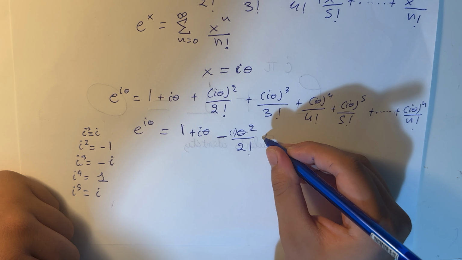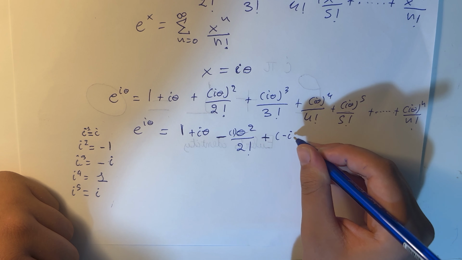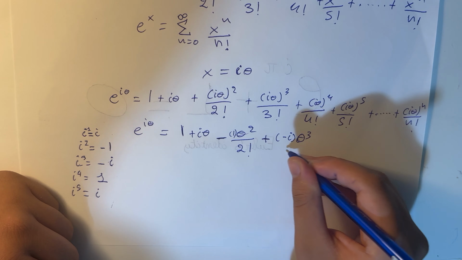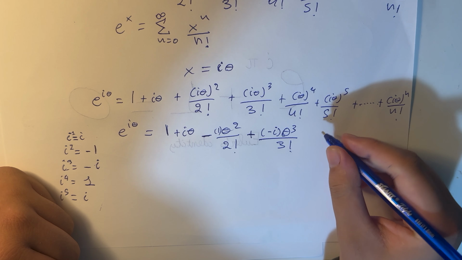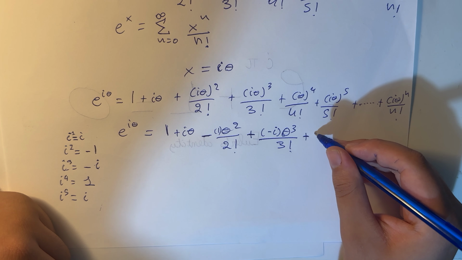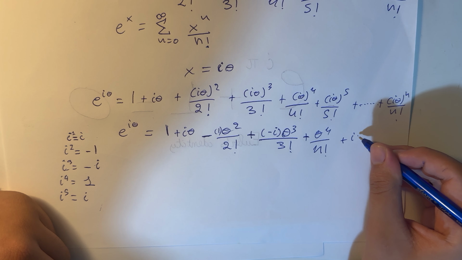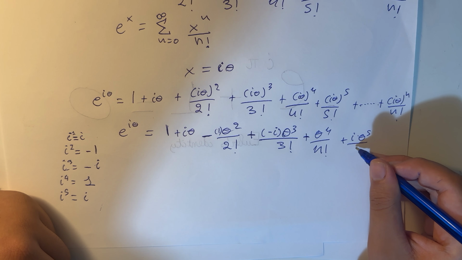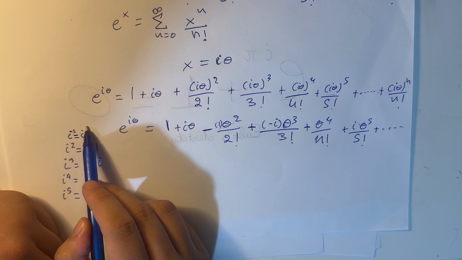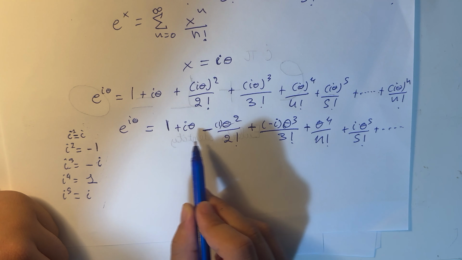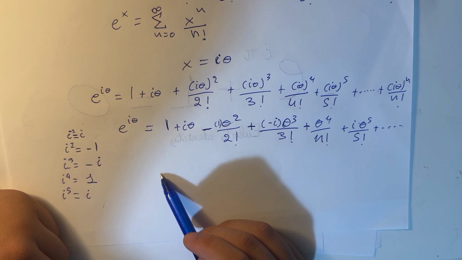And we have theta squared, obviously, plus i cubed is -i, so we have -i times theta cubed over 3 factorial plus theta to the 4th over 4 factorial plus i theta to the 5th over 5 factorial. And this is going to go on, obviously. So all I did is I plugged in these values for i wherever I had to fit them in. For example, for i cubed, I plugged in -i.